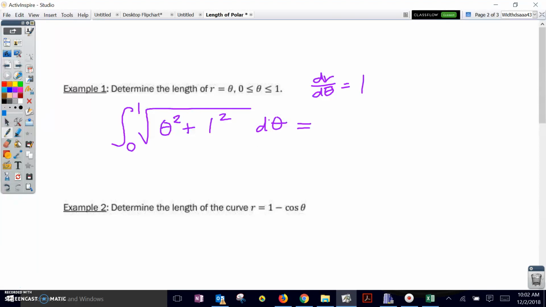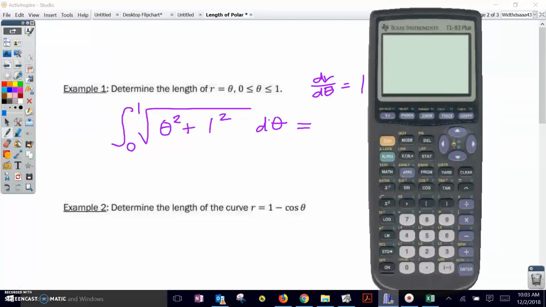And so there's our formula for the length of this curve. I'm going to go ahead and integrate that: the integral of the square root of theta squared plus 1 squared with respect to theta from 0 to 1. And the length of this arc is 1.148.